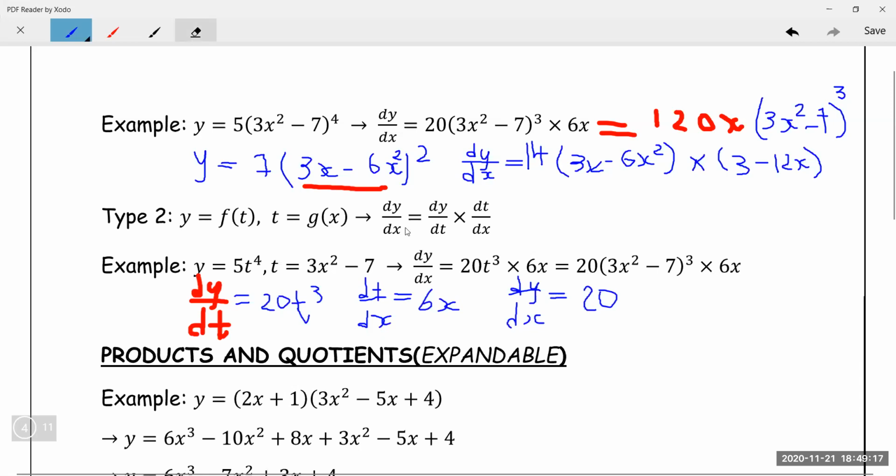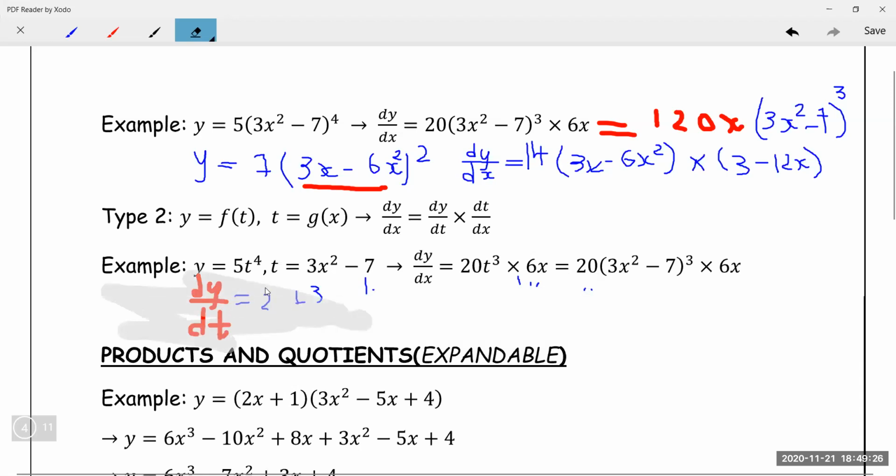Now look what I'm going to show you. I'm going to show you why this formula is accurate. Let's say from the get-go we substituted t as 3x squared minus 7. So we're going to rewrite y strictly in terms of x.